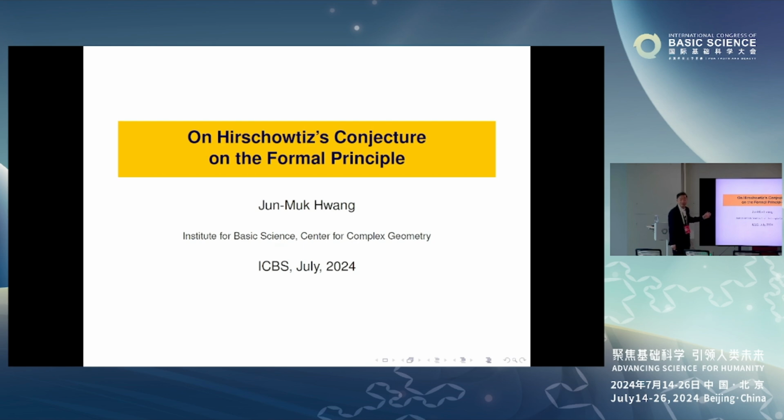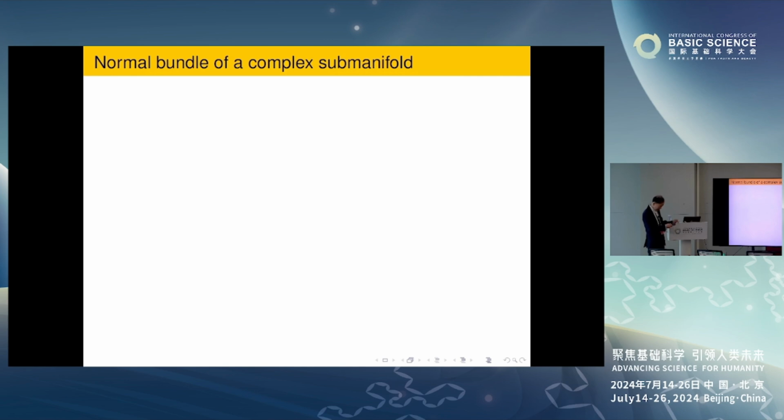Although it's 5 years old, I will try to explain the main result of this paper. This problem originated from Hirschowitz's paper. So let me start with the basic definition, the basic setting.